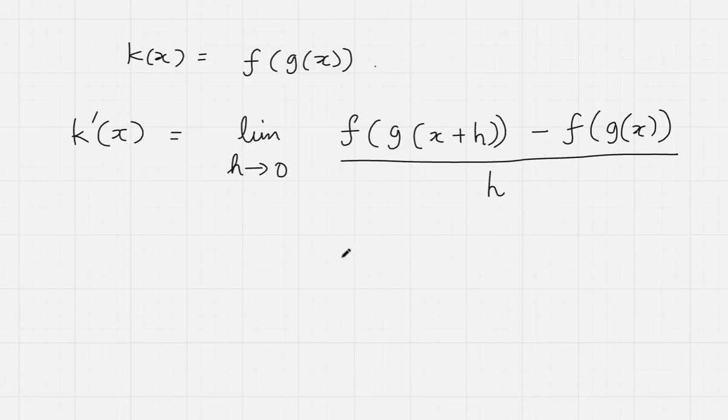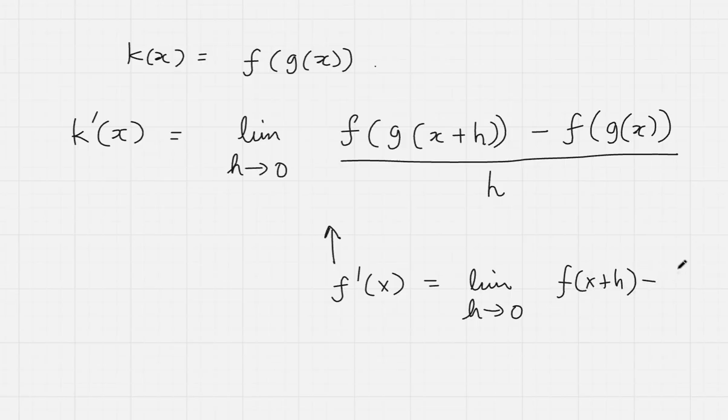Now, this does not appear to be anything that is in terms of the derivative of f or in terms of the derivative of g, right? We don't see anything like f dash of x, which is basically f of x plus h minus f of x over h.